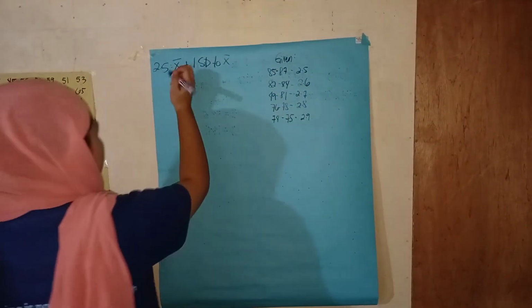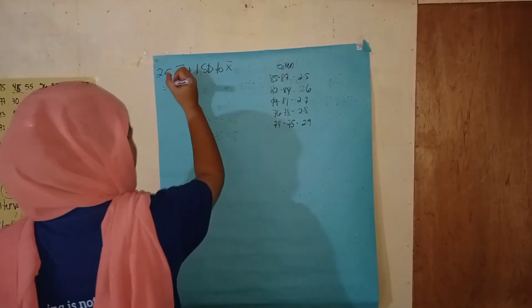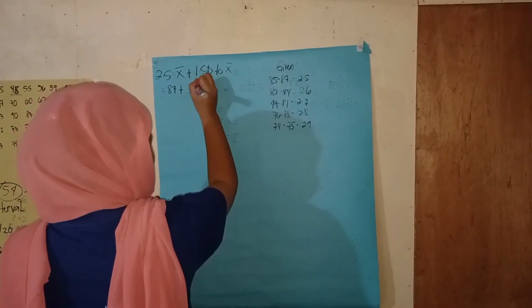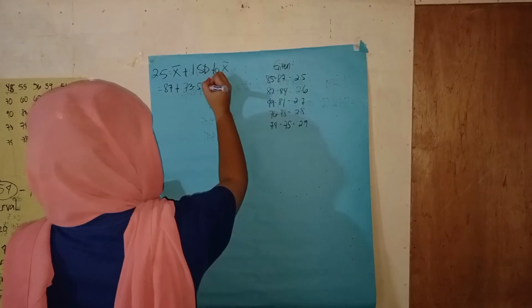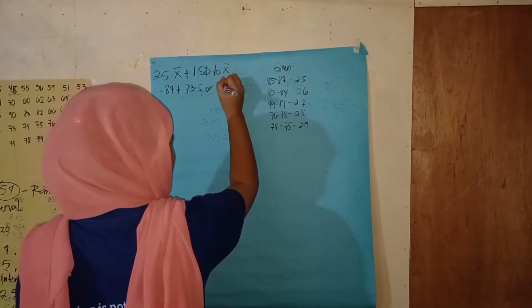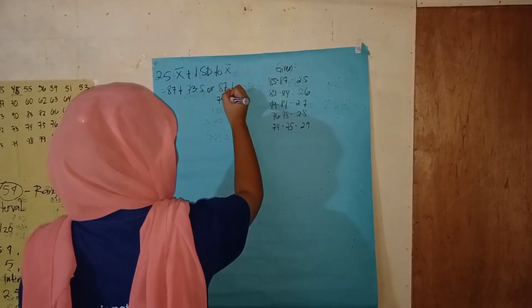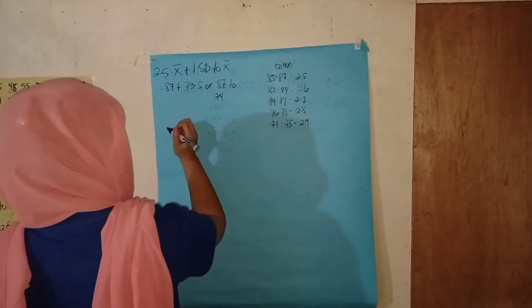So equals our given 87, our mean 73.5 plus 14.41, or 87 to 74.